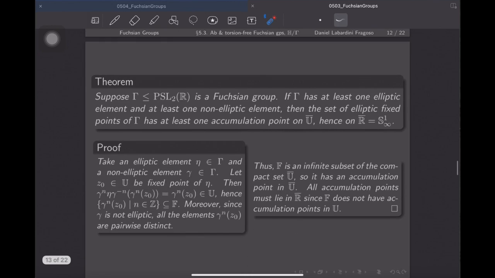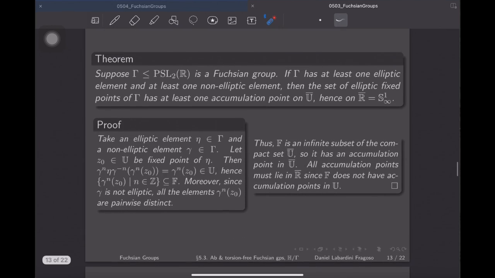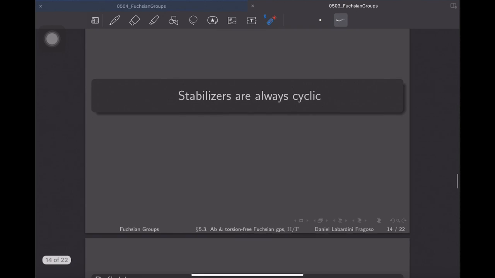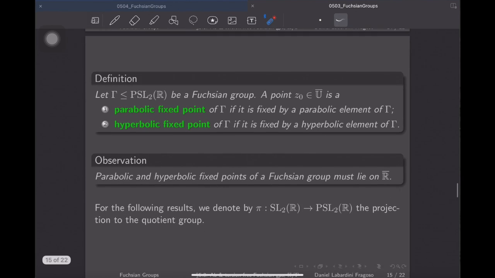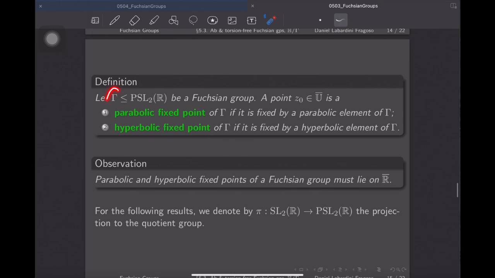Okay, and then, that all stabilizers in a Fuchsian group are cyclic, right? So all stabilizers of points in U bar. If I pick a point in U bar and I ask about its stabilizer in gamma, not in the whole of PSL2R, just in gamma, that stabilizer is always cyclic.